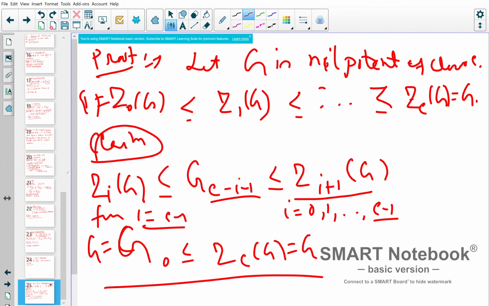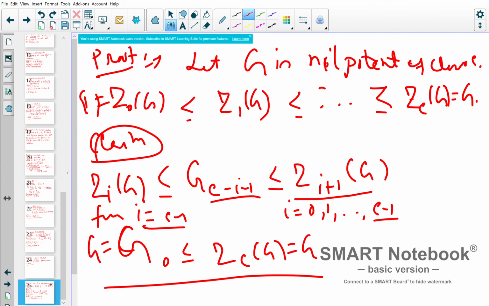Okay, so 0 and then C minus 1 will give you 0, so done. Now how to prove it in general? If you use induction on this, you will see that both sides are true actually.